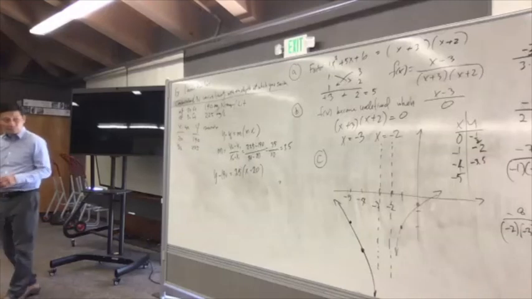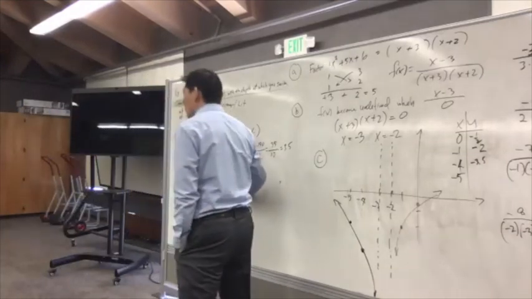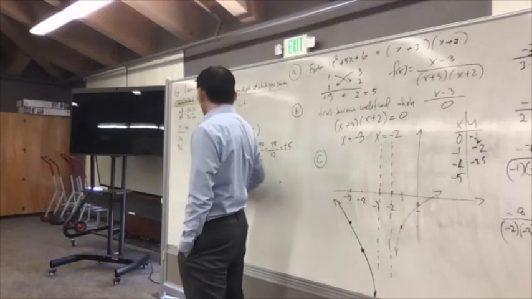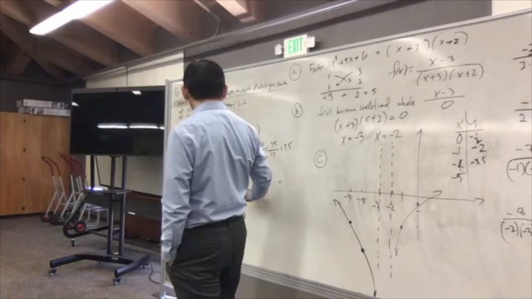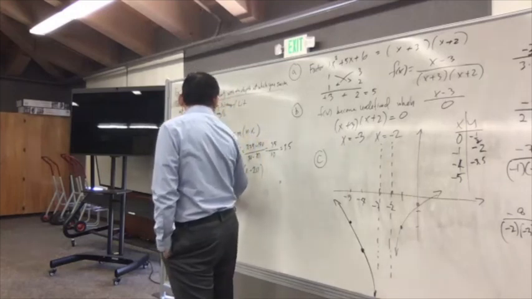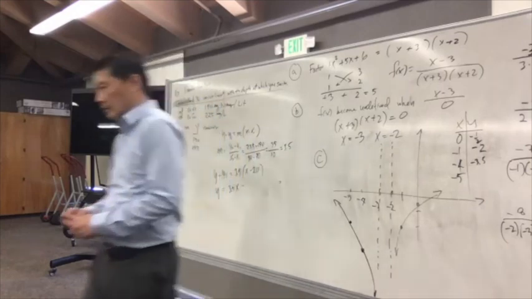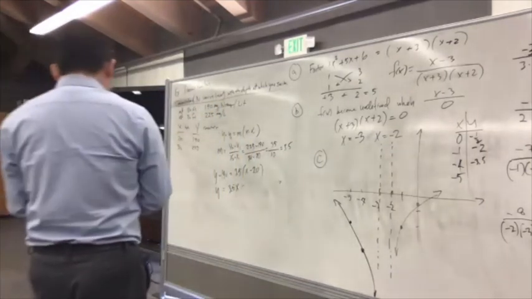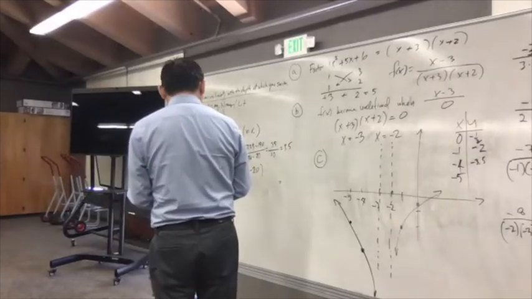So now, this is a function. You can leave it as such. Of course, this is not a very pretty function. One could say that you could write it as y is equal to 3.5x minus, what's 20 times 3.5?